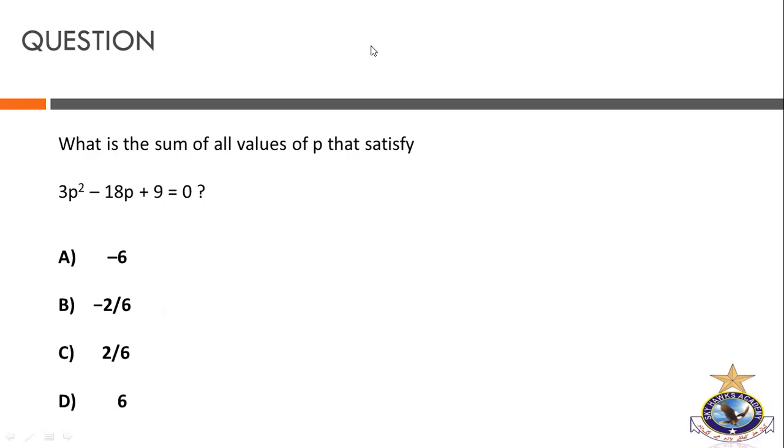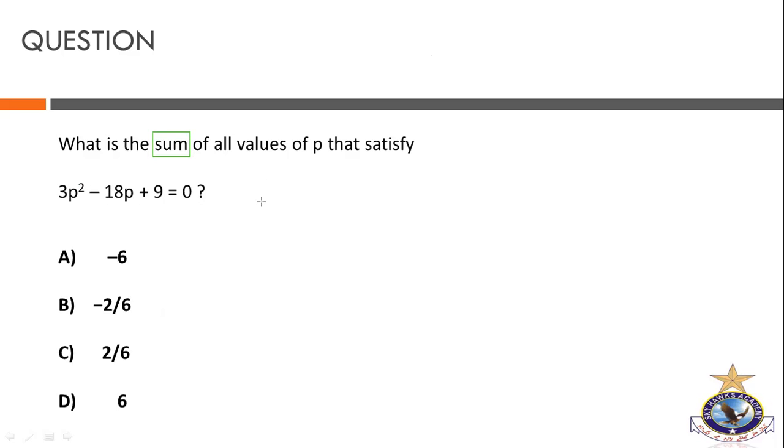One thing is sure, what we are looking for is the sum of all values of p that satisfy it. So the keyword is sum. You must take time to think about that, and then make the query about what we are looking for. If you are thinking that you are looking for the value of p, it's not correct.